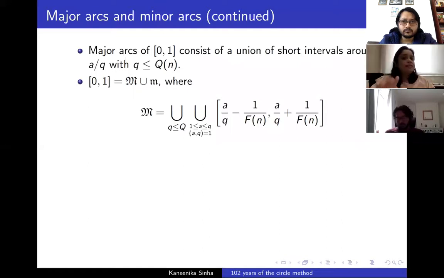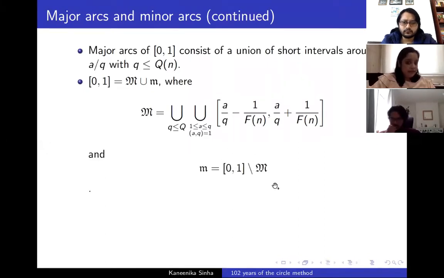All we are doing is partitioning our unit interval into the major arcs and the minor arcs, where major arcs are unions of very short windows around a by q, where q is not something very big; it is suitably bounded. And minor arcs are things that are left behind.